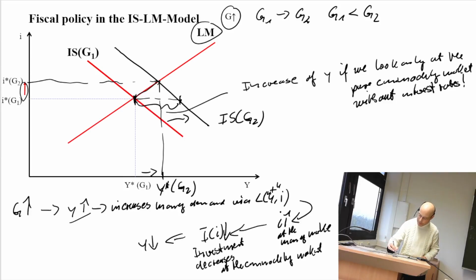And this you can say maybe is something like this, that you at first step to this point and then you go back there. But in practice, if you want to interpret this in a somehow dynamic way, then you would say that the speed of reaction is quite faster at the money market than in the commodity markets.